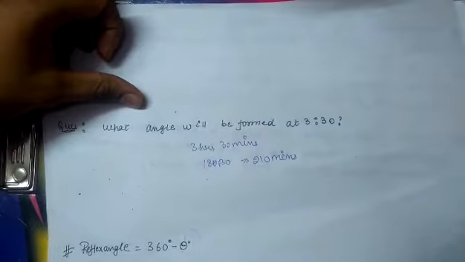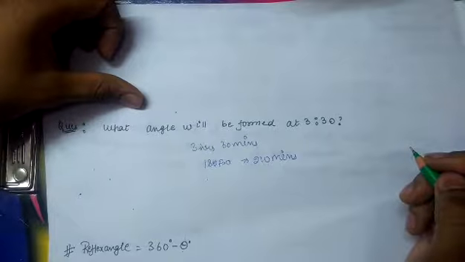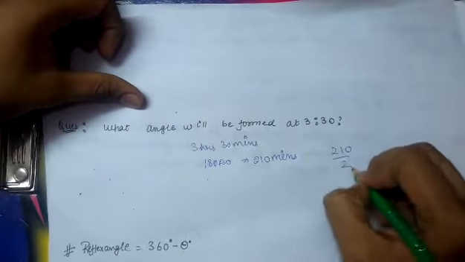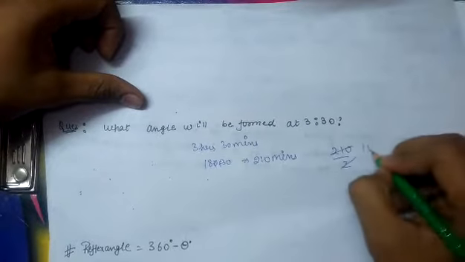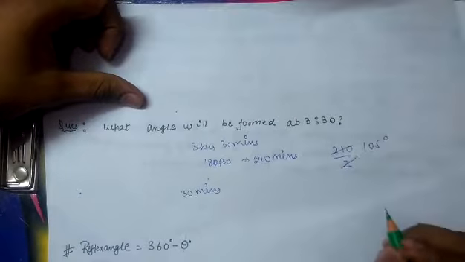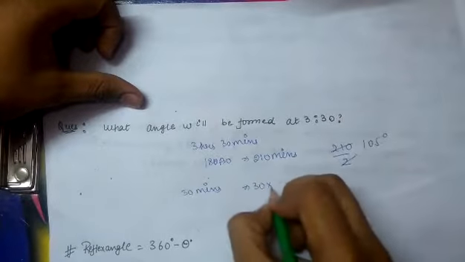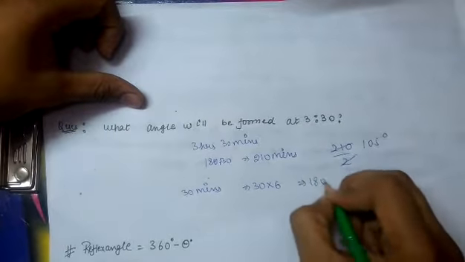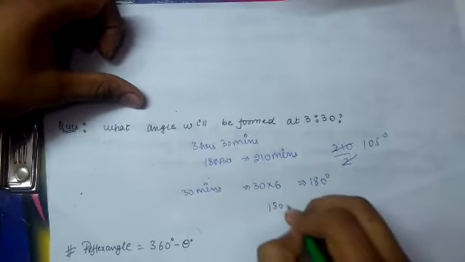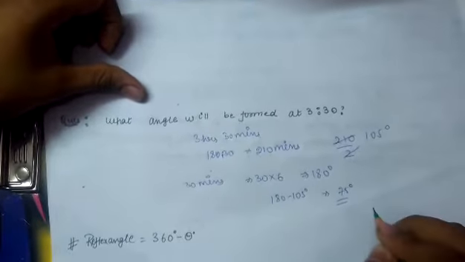As we have seen earlier, the hour hand covers half a degree in a minute. So in 210 minutes, the hour hand will cover 210 by 2 degrees, that is 105 degrees. And as the minute hand covers 6 degrees in 1 minute, in 30 minutes it will cover 30 into 6, that is 180 degrees. We have to find the angle between them, so 180 minus 105 degrees comes to 75 degrees, which is the answer.